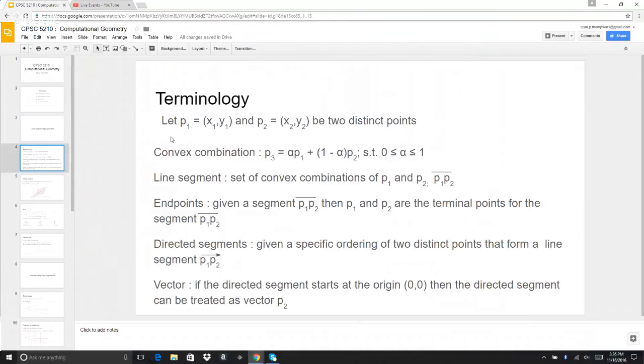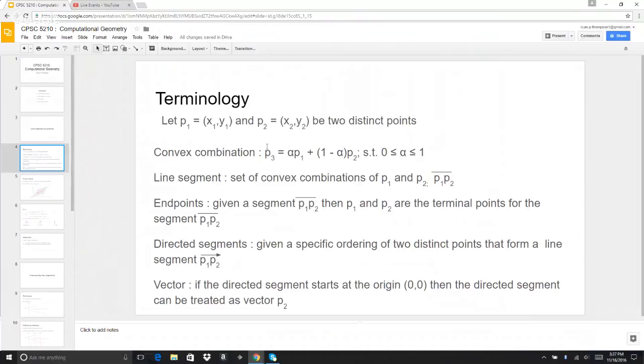Here's some basic terminology. If you let P1 be denoted by x1, y1, and P2 be denoted by x2, y2, then you have defined two distinct points in a plane. The convex combination is really a scalar representation that can be applied to P1 and P2.